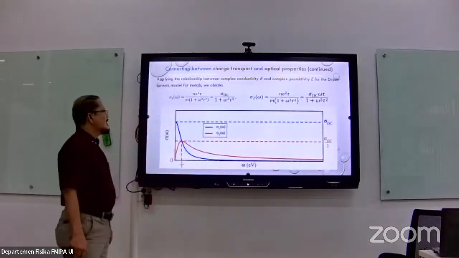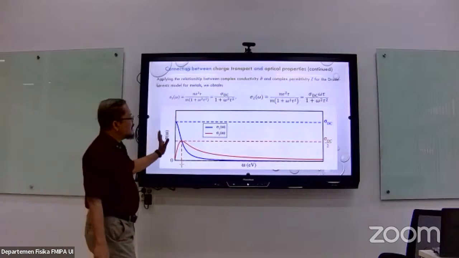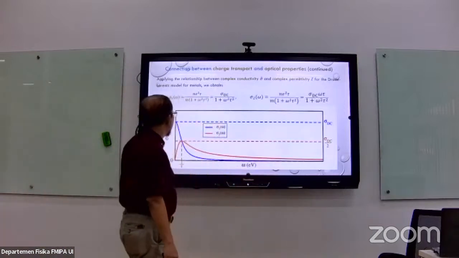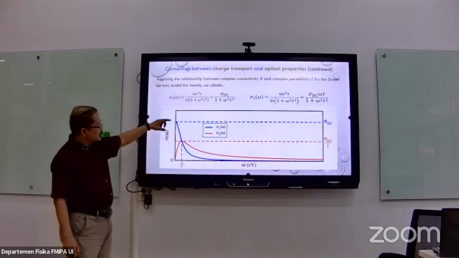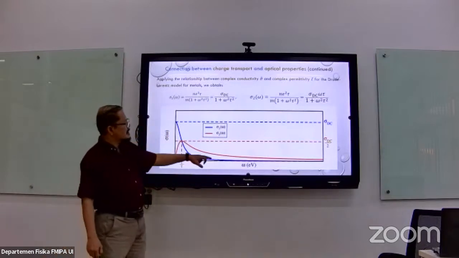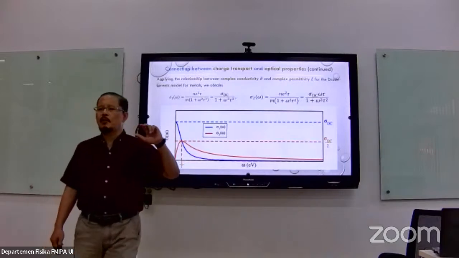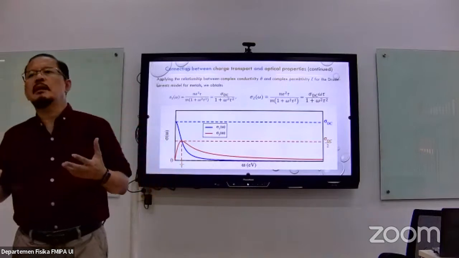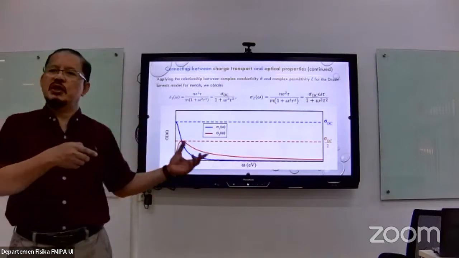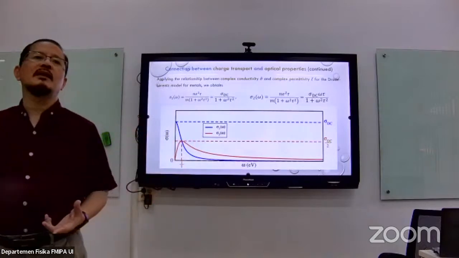All right, so here's the typical curve of sigma 1 and sigma 2. This blue curve shows you sigma 1. Sigma 1 is what measurements can usually directly measure. Sigma 1 is what we call the optical conductivity.